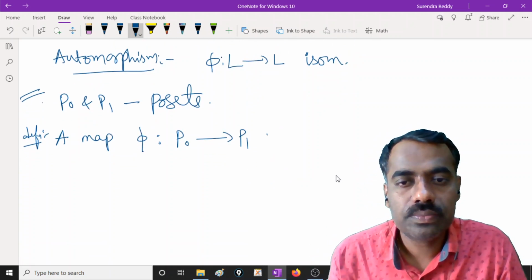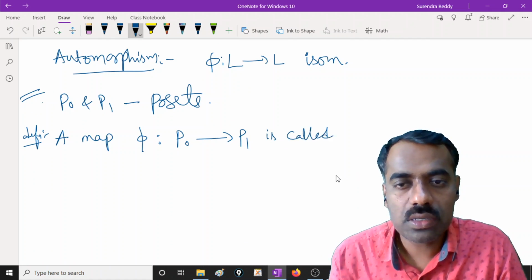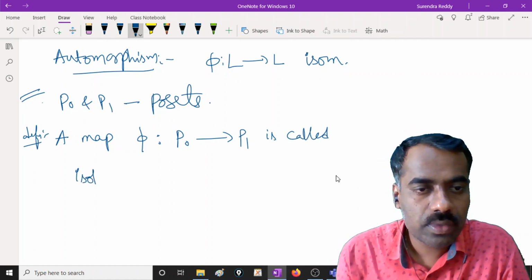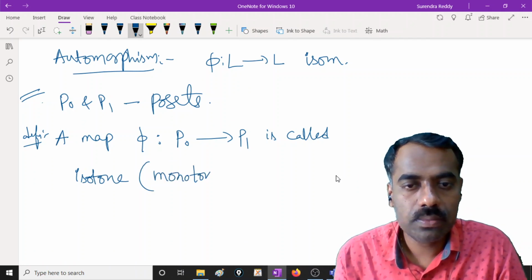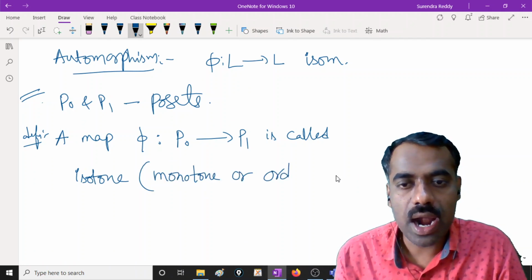It is called isotone, or you can also call it monotone, or order preserving.